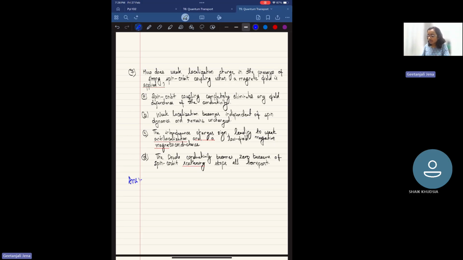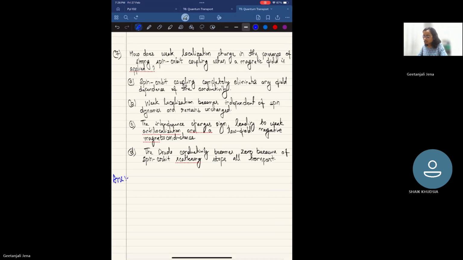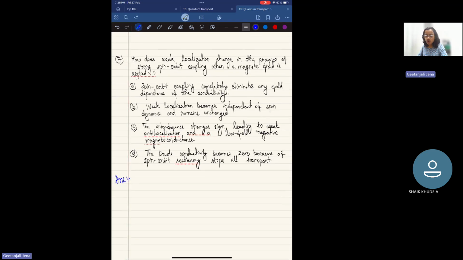Okay, question number 7: how does the weak localization change in the presence of strong spin orbit coupling when a magnetic field is applied? Option A, the strong spin orbit coupling completely eliminates any field dependence of the conductivity.